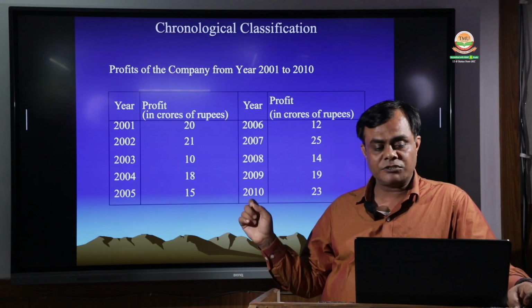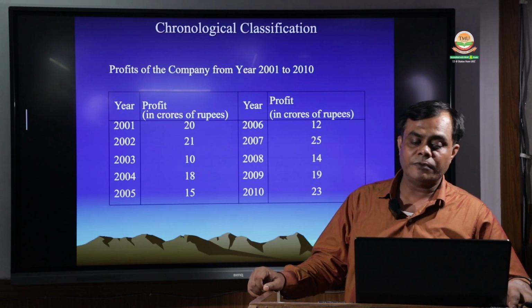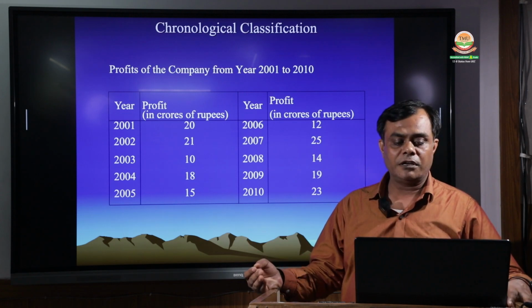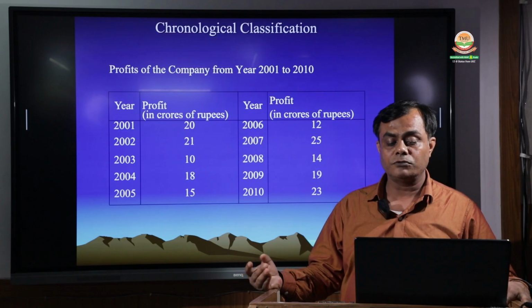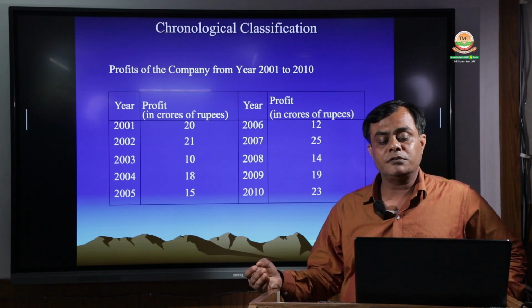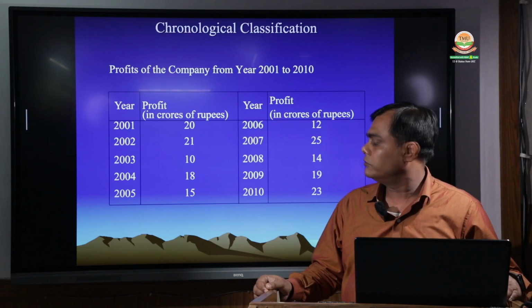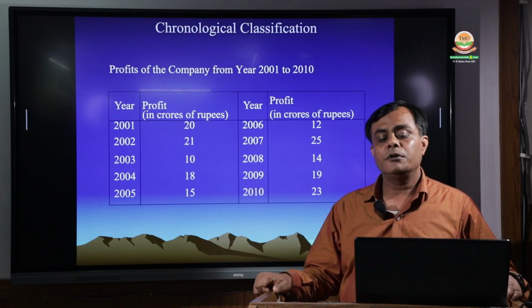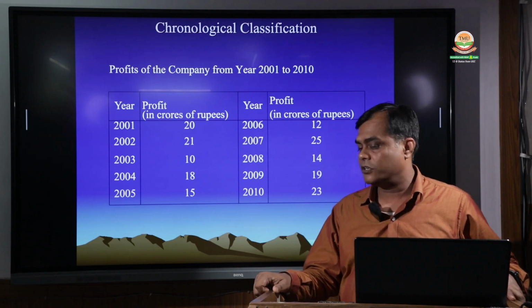So you can see that the profitability figure is a very zigzag figure. Sometimes the company has a high profit in 2001 or 2002, but in 2003, 2004, 2005 or 2006 the profit goes lower, and again in 2007 the company is getting good profit, but in 2008, 9 and 10 the company's figures are not good.